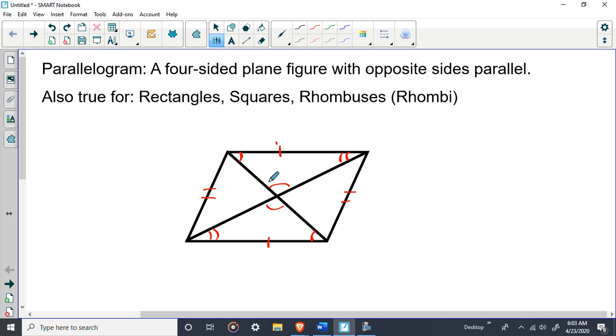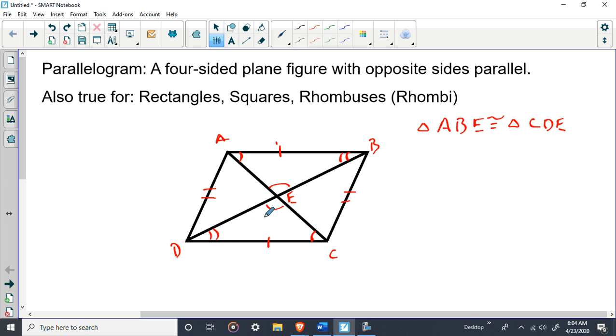So again, let's go ahead and label some points. I've got A, B, C, D, and I'm going to label this point in the middle E. Well, let's think. Triangle ABE is congruent to triangle CDE, because I've got angle, side, angle here, and over here I've got angle, side, angle.